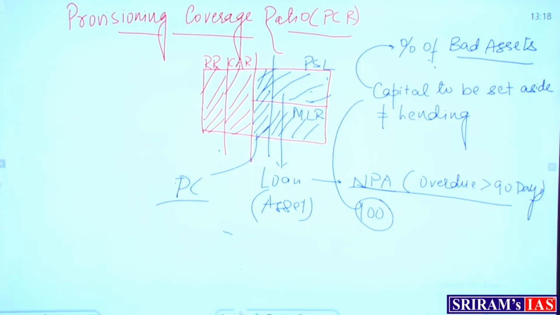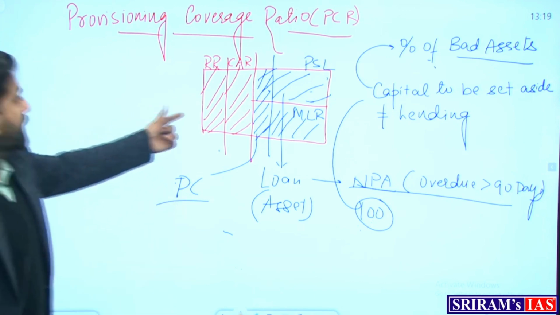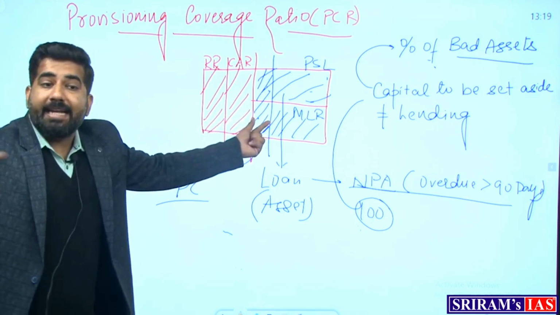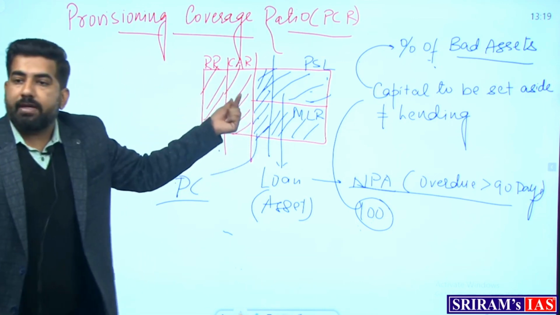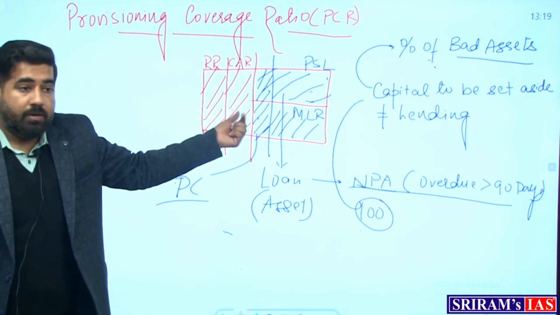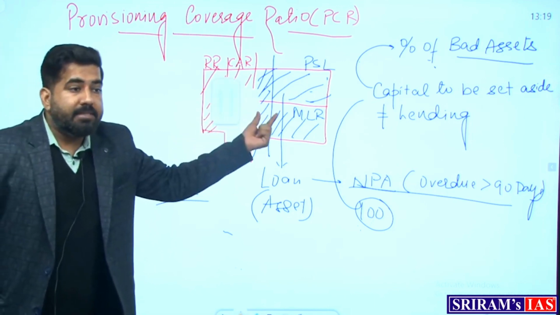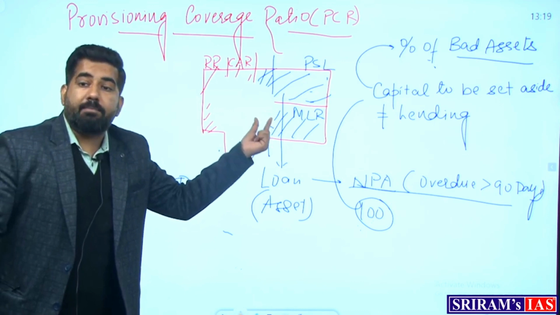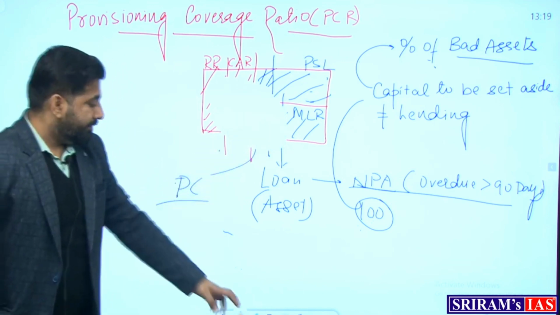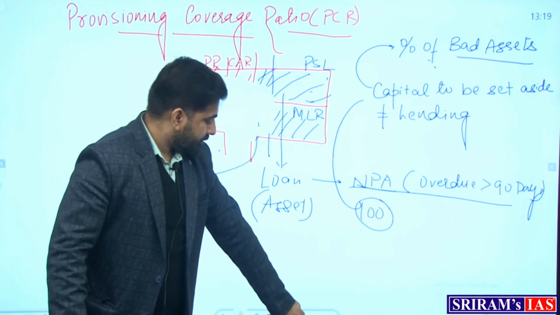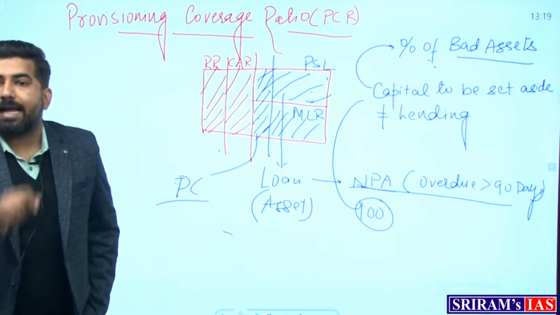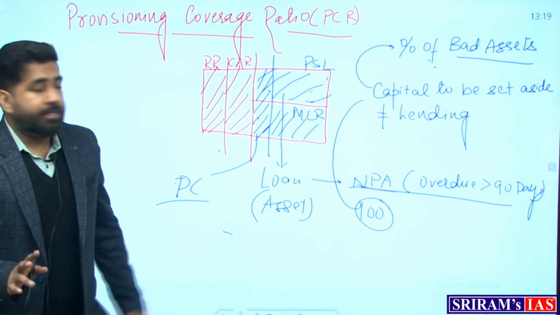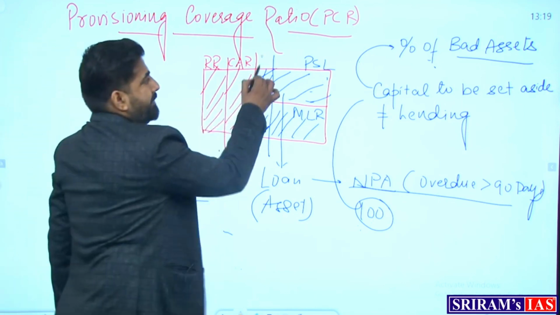But again understand this thing which I told you, PCR is an additional requirement apart from CAR. ऐसा नहीं है कि PCR कर रहे हैं तो will not be complying with CAR. No, CAR has to be there. PCR is an additional compliance requirement apart from the CAR. Clear? तो ये नहीं है कि दोनों same है, यहां पे CAR ये PCR.